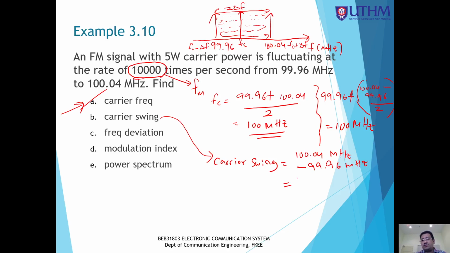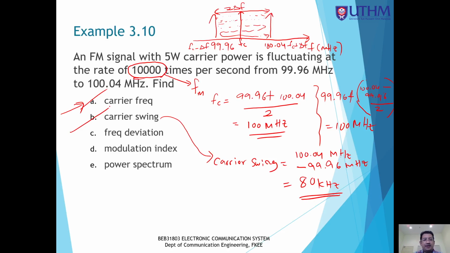How much is this? 40 and 40, so this is 80 kilohertz. Please check using your calculator. So 40 kilohertz upper and 40 kilohertz lower, total 80 kilohertz.